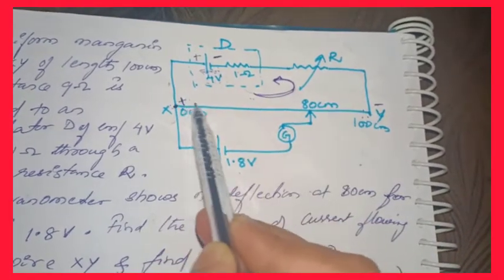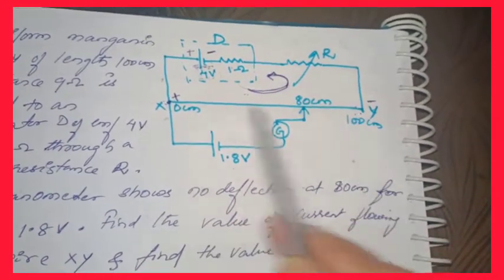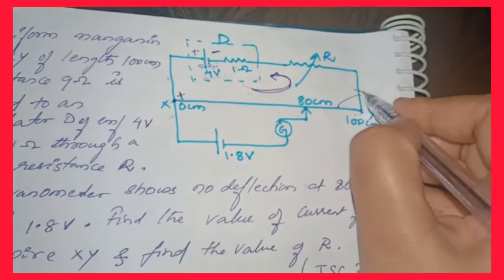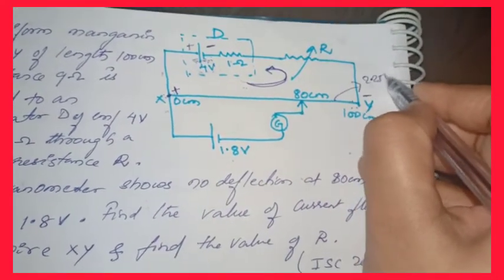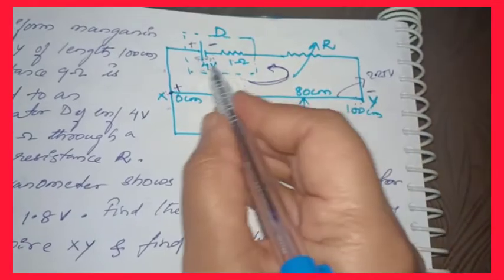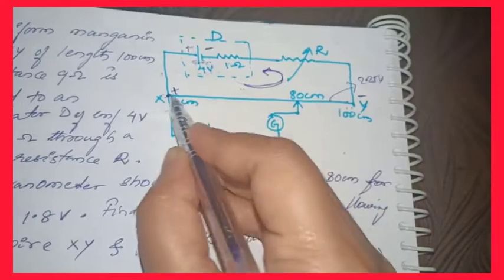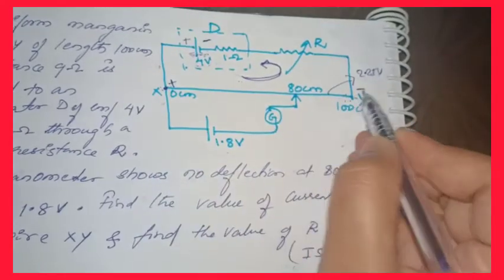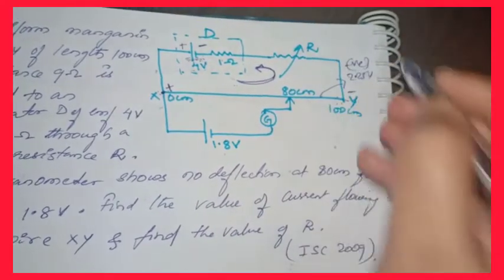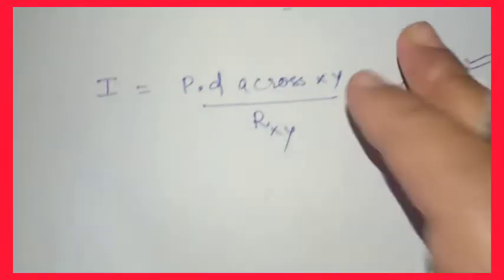When I am coming down, and we know XY has potential difference 2.25 volts, and my direction is from plus to minus of the wire XY. So that's why the potential difference of XY will be negative. So using KVL, let me solve.